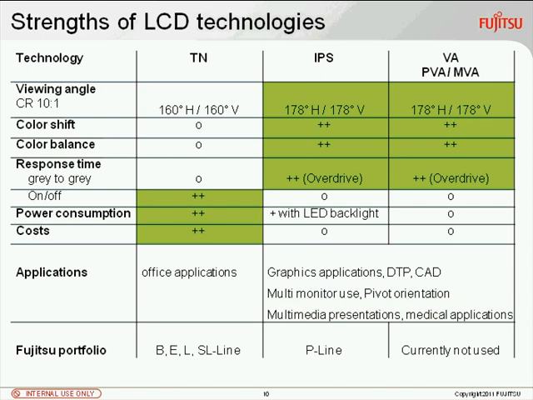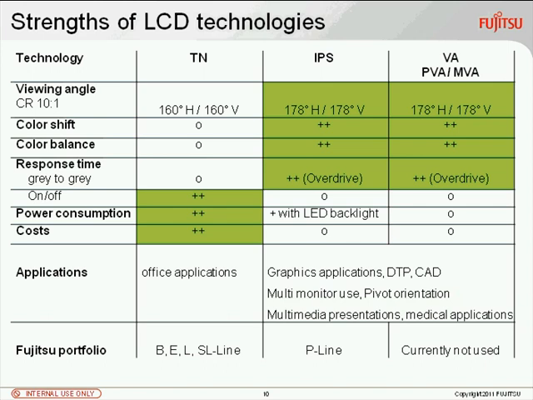I forgot one thing. The name of this IPS, for example, already gives a hint of the different kind of movements of these LCD molecules. IPS is the abbreviation for in-plane switching. So the LCD molecules are switching in one plane, while VA, the letters VA can be in PVA or MVA, is quite similar.